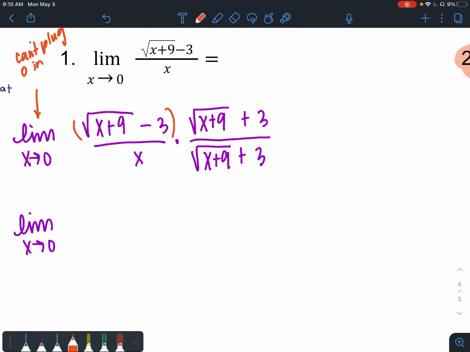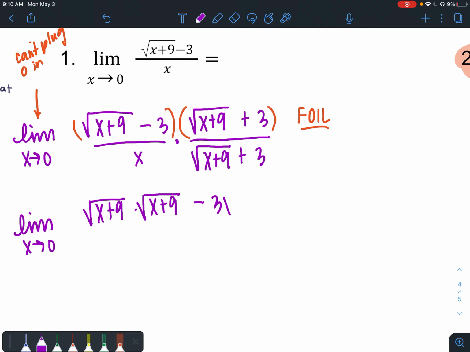So, FOILing, I get square root of x plus 9 times the square root of x plus 9, minus 3 times square root of x plus 9, plus 3 times the square root of x plus 9, minus 3 times 3, which is 9.